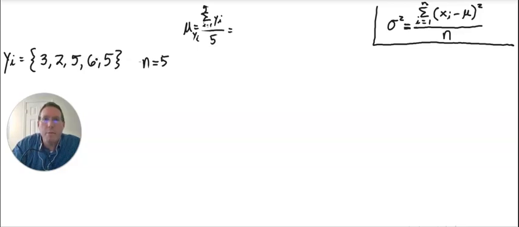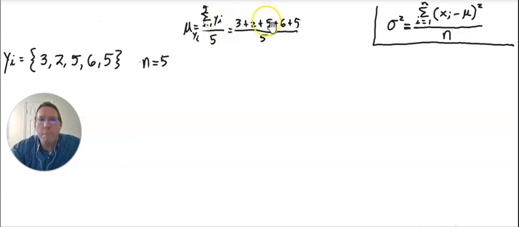Those elements are 3 plus 2 plus 5 plus 6 plus 5, and we're going to divide all that by 5. So 3 plus 2 is 5, plus 5 is 10, plus 6 is 16, plus 5 is 21. So we're going to do 21 divided by 5. You can use a calculator if you want, but I happen to know that this is 4.2. So our mean is 4.2.